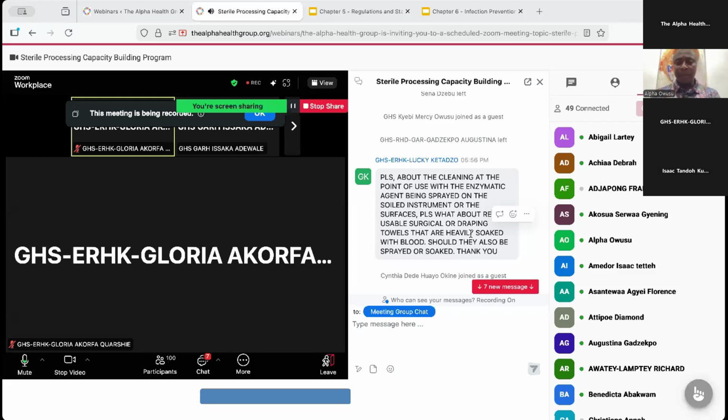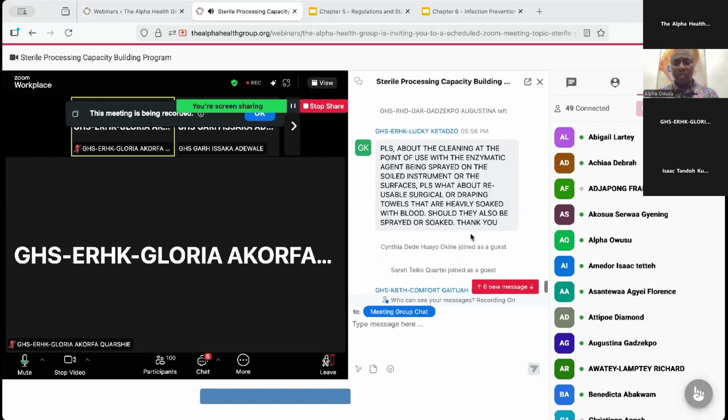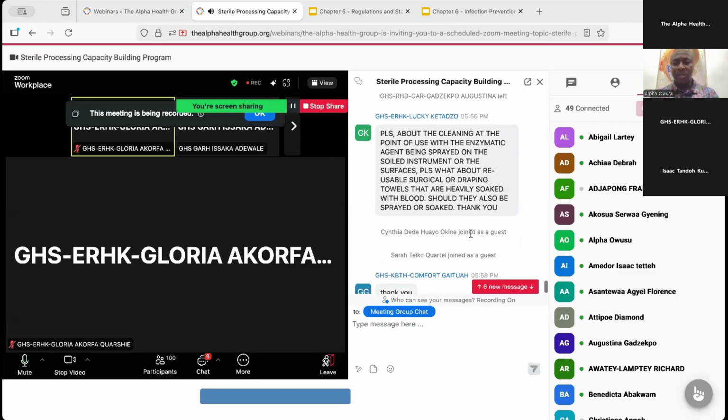Please, about the cleaning at point of use, with the enzymatic agent being sprayed on the soiled instrument or surface, what about reusable surgical or wrapping materials that are heavily soiled?